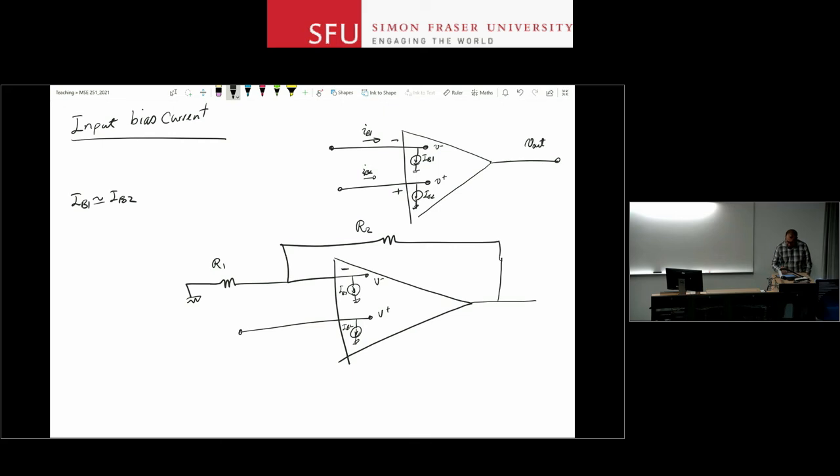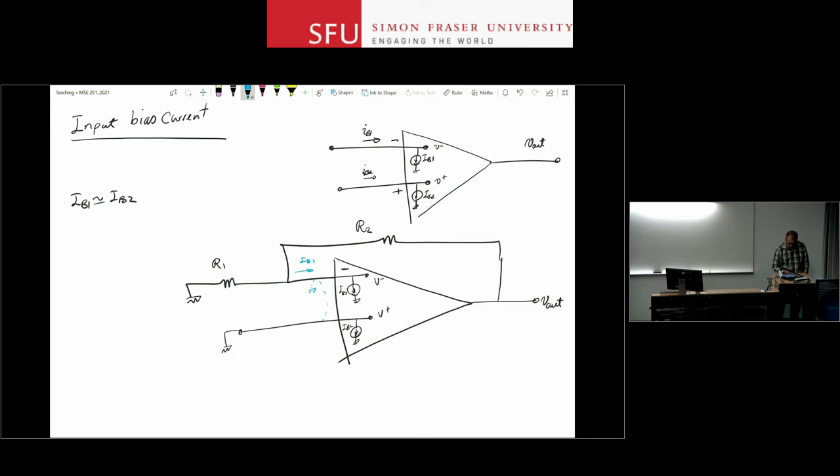Then you can see that even when the input is grounded, even when the input is 0, assuming infinite input voltage gain, the virtual short between the two inputs means that here you have a virtual ground, but IB1 is going in. For resistor R1, you have 0 volts at the right end and 0 volts at the left end, so there is no current going through R1.